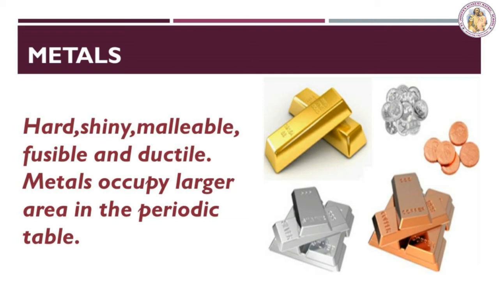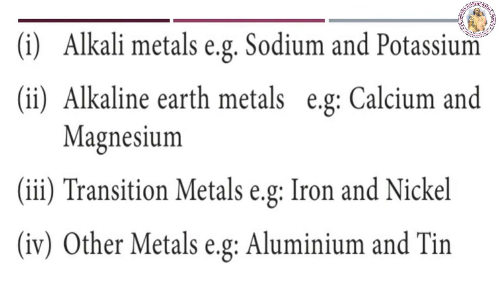Metals occupy a larger area in the periodic table and are categorized as alkali metals, example sodium and potassium. These metals are presented from lithium to francium top to bottom. Next is alkaline earth metals, example calcium and magnesium.